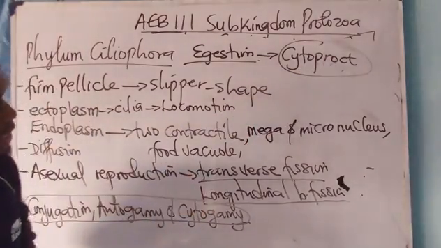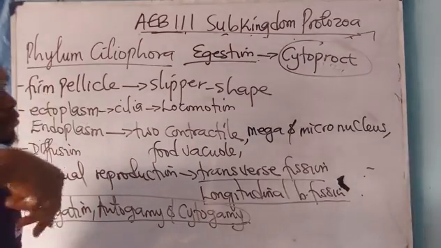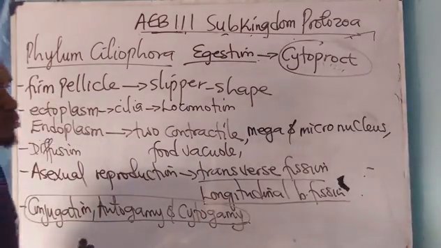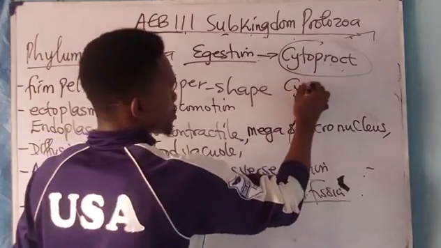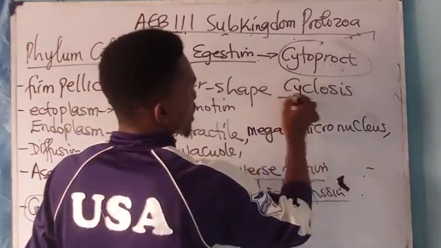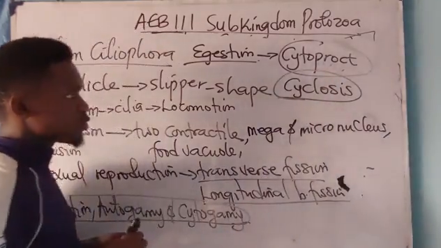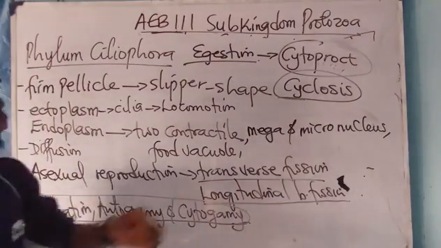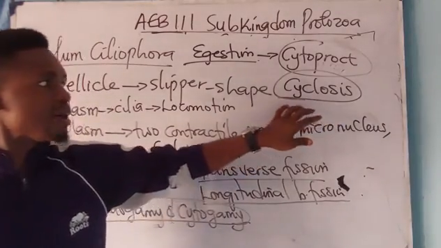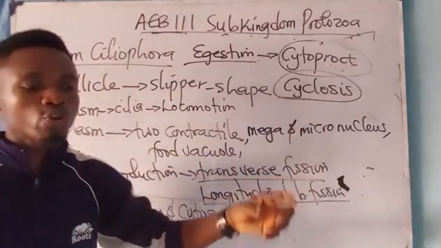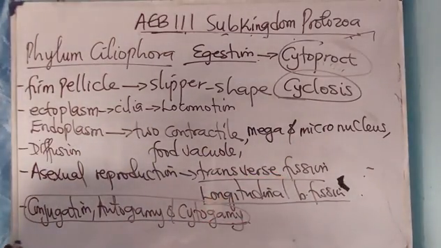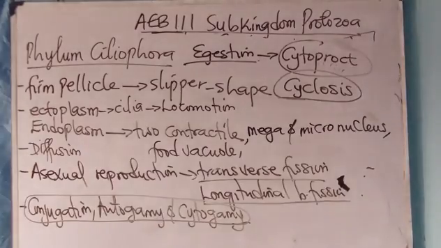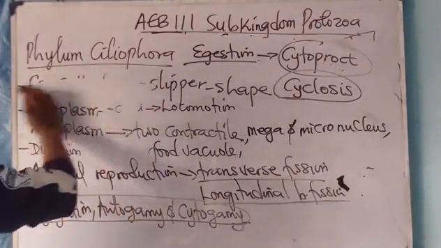Again, the movement of food in the cytoplasm of amoeba is called cyclosis. And amoeba possesses a type of movement called amoeboid movement.